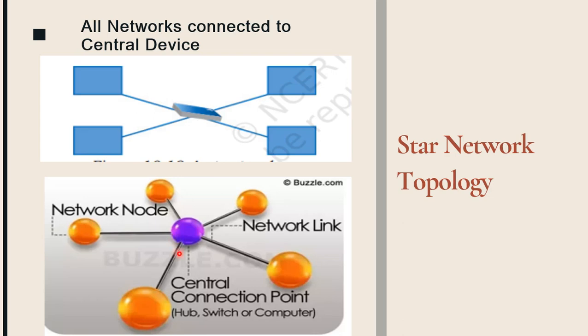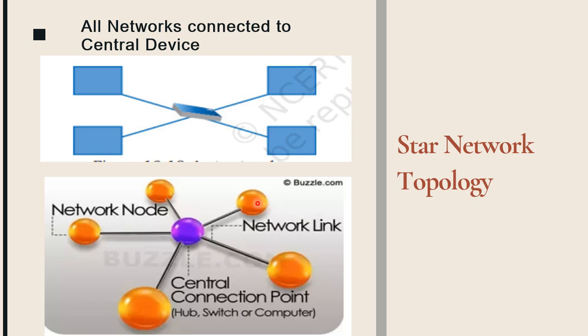It is also known as the central hub. All other computers and devices, which are known as network nodes, are connected with this central device. A node sends the electronic signals to the hub and then to the remaining computers on the network.